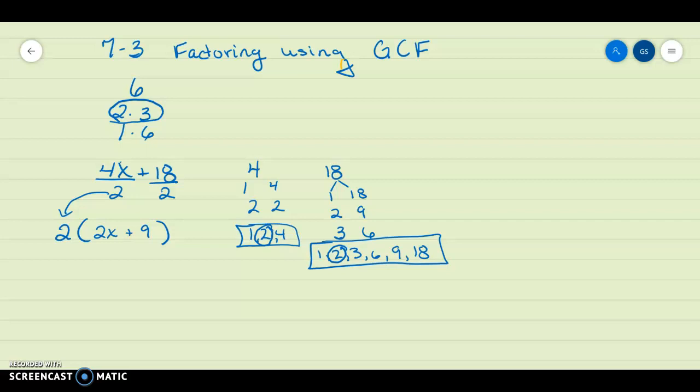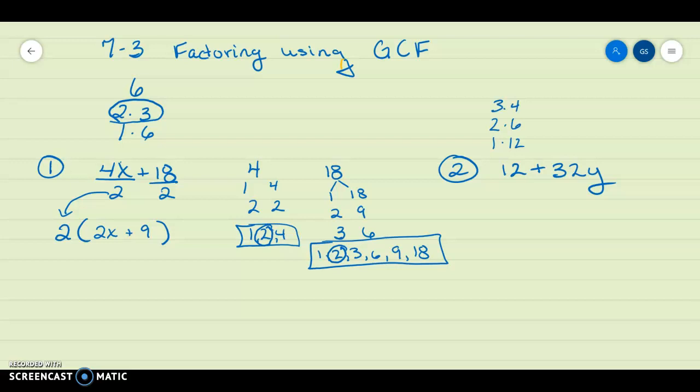Let's see, 12 plus 32y. This is our second example, 12 plus 32y. Okay, once again, we want to see what are the numbers that go into both 12 and 32, and what is the biggest one of those. So if you think about it, it's 1 times 12, 2 times 6, 3 times 4.